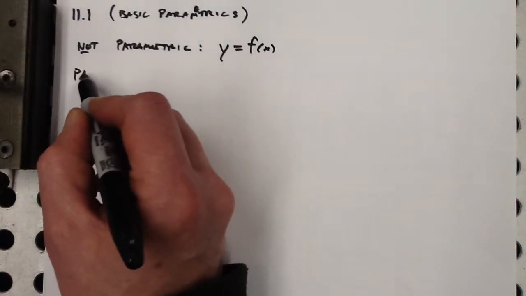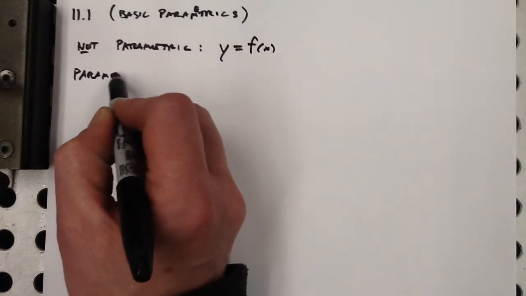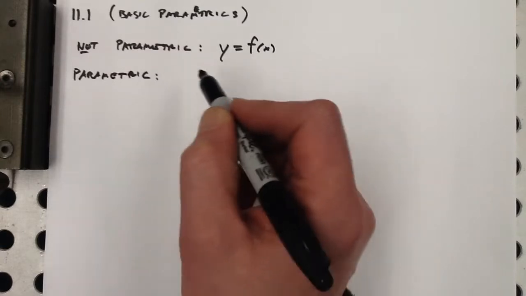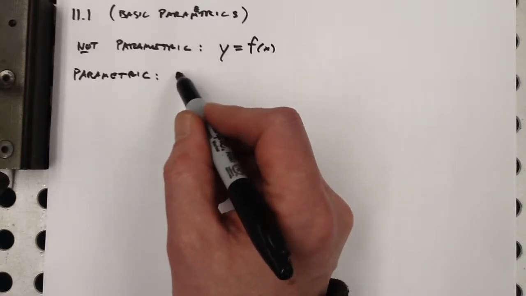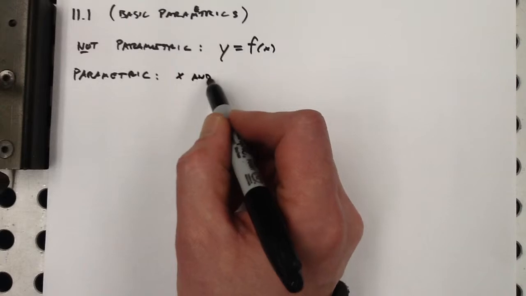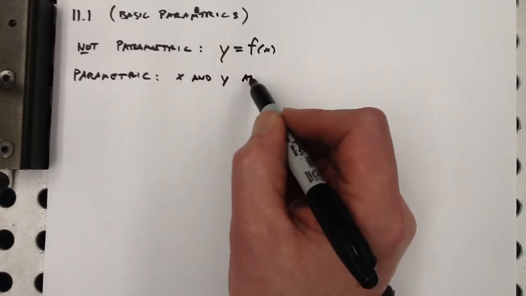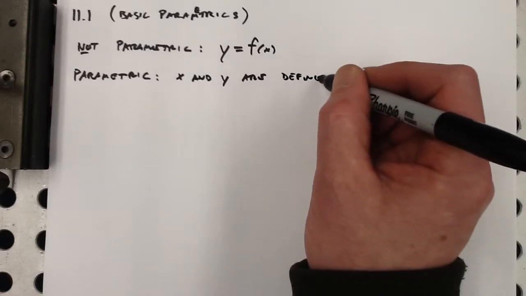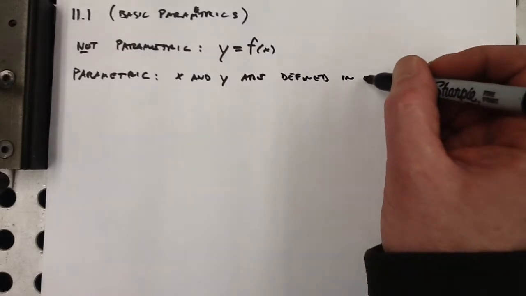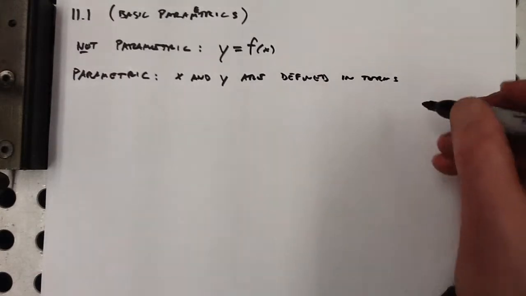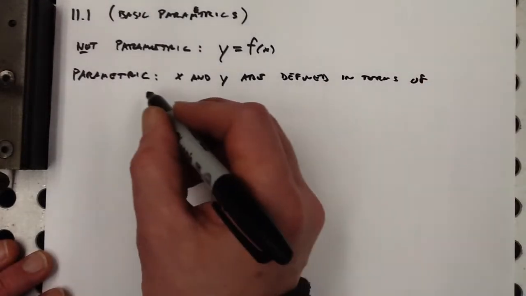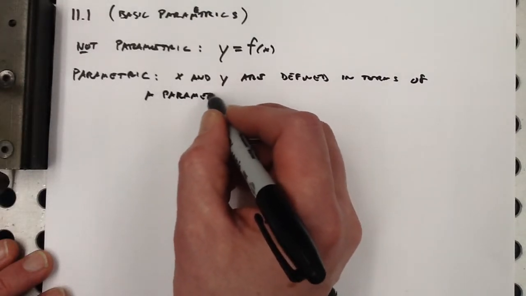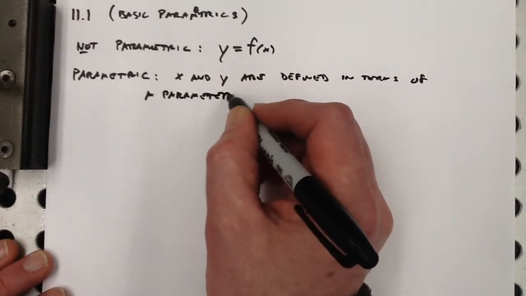Something that is parametric is called parametric because x and y are defined in terms of a parameter, which we usually call t.